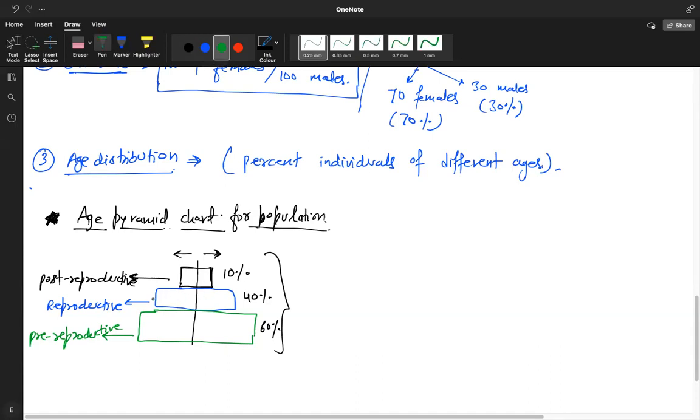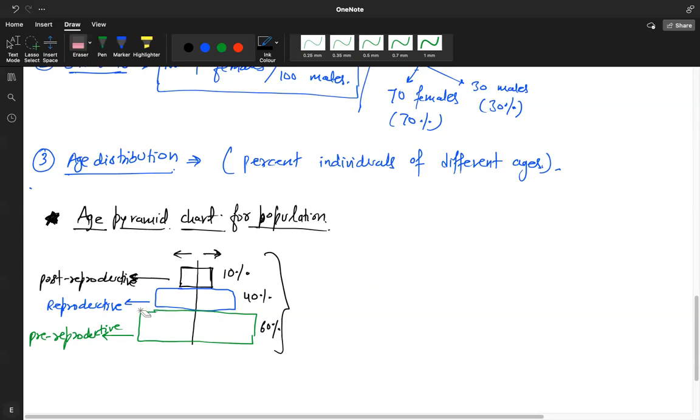You don't have to look at just the reproductive phase, you have to look at what's going to happen. Let's say you add 10 years to this population. In 10 years, the majority of these are going to get into the reproductive phase. Even if some go into the post-reproductive phase, you will still have an increasing reproductive population, right? So that's how we look at these pyramids.